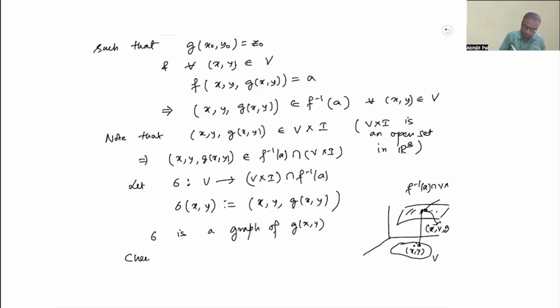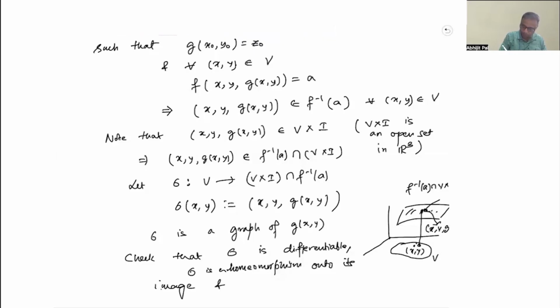So check that sigma is differentiable, sigma is a homeomorphism onto its image, and the differential of sigma at any point (x, y) in B is injective.